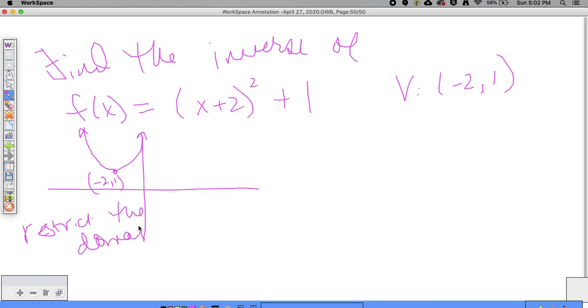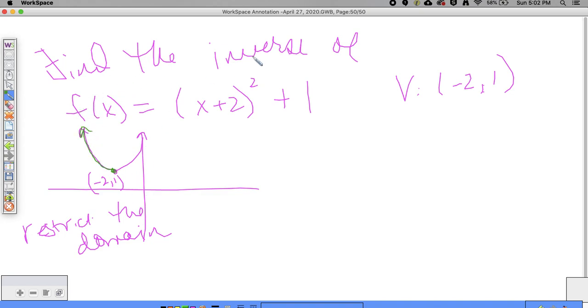If you look at the domain restriction, that means you can pick either the right side of the parabola or the left side of the parabola. So at this point, just to be cool, I'm going to pick the left side of the parabola.